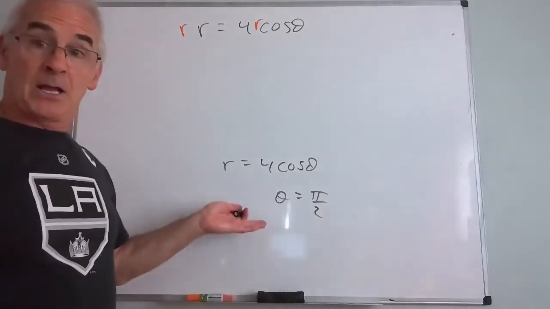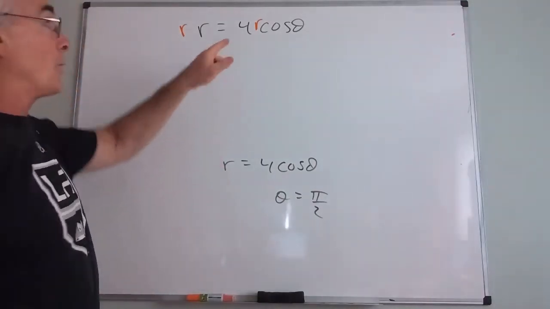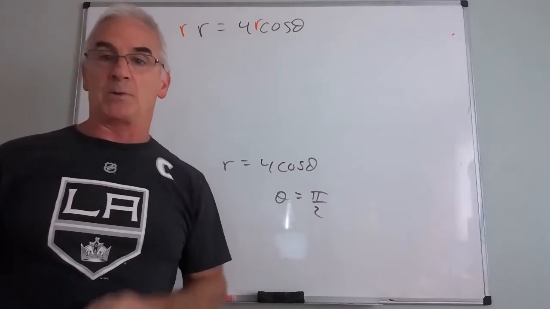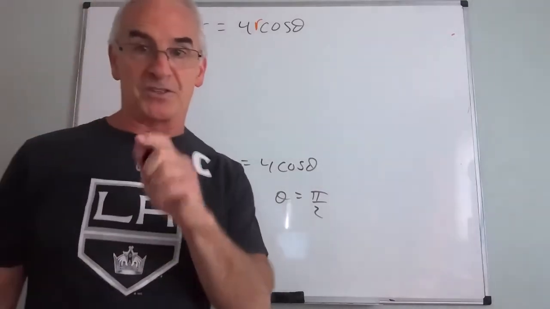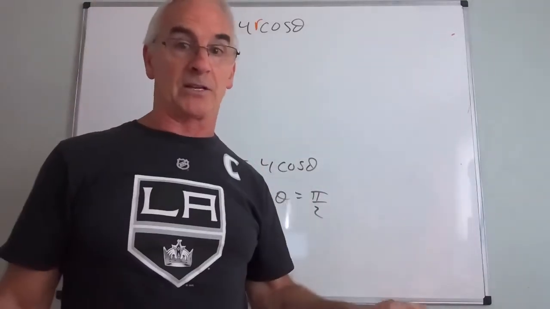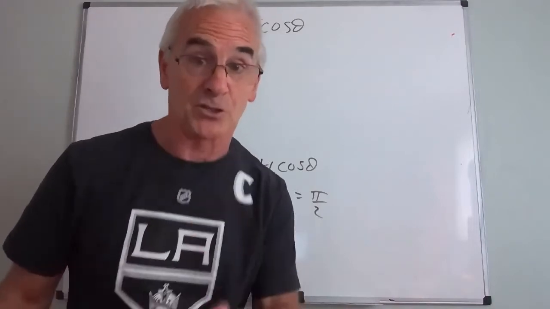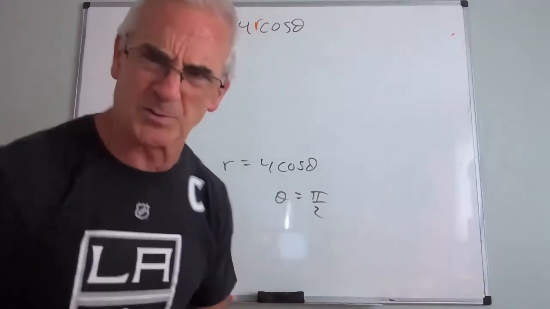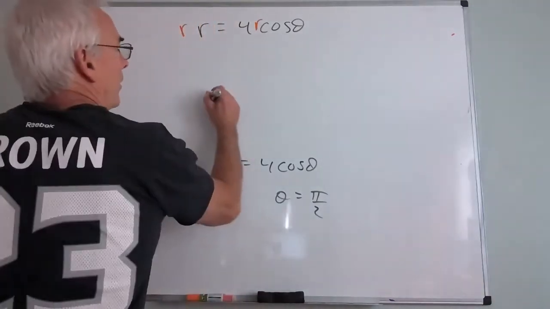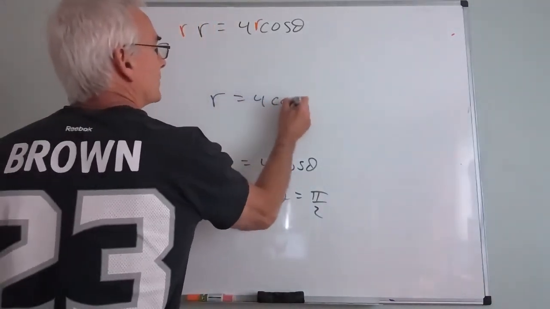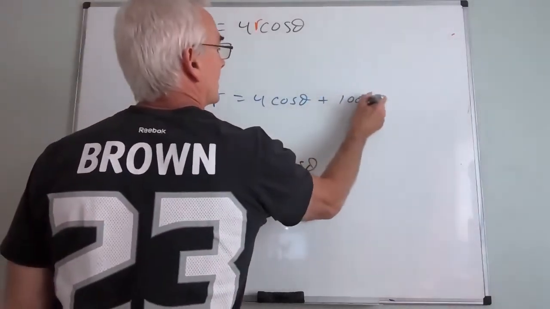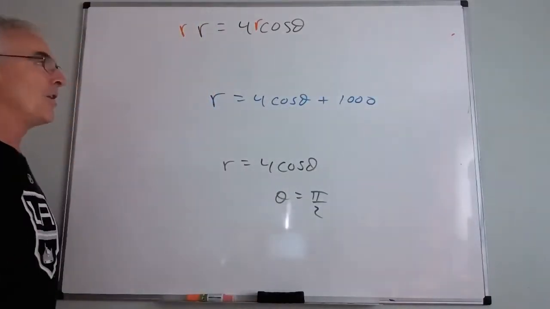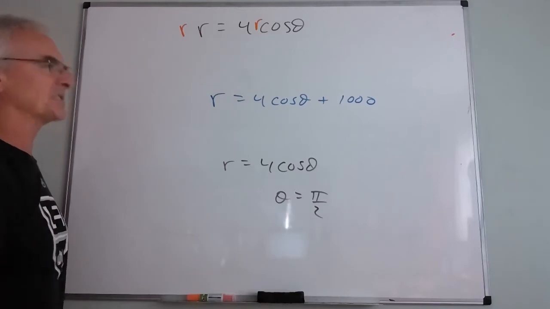Everybody cool with that? Since R equals 0 already is possible in my original statement, multiplying both sides by R does not introduce anything extraneous. That's extremely important. That's what makes the next thing legal. You say, well, wouldn't that always be the case? Arbitrarily, let me take something completely different: R equals 4 times the cosine of theta plus 1,000.